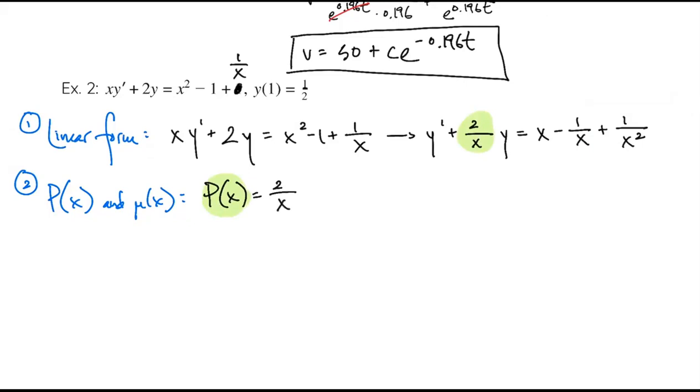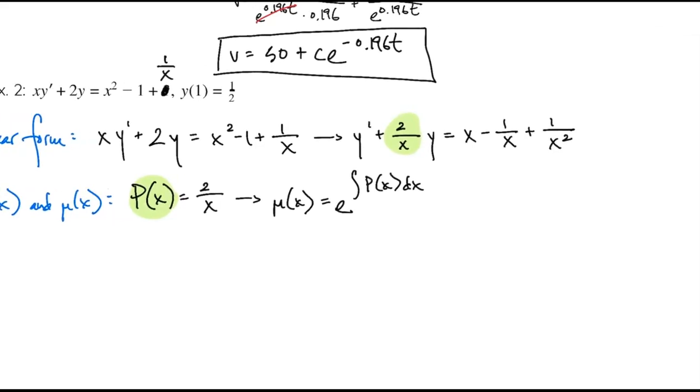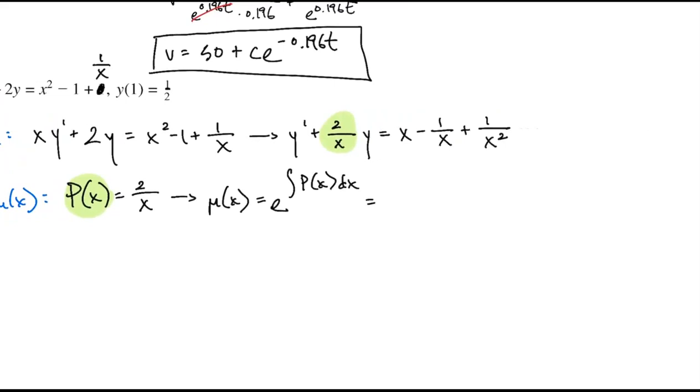Now that we've identified our p of x, we can find our mu of x. So mu of x is going to equal e to the integral of p of x dx, which gives us e to the integral of 2 over x dx, which is going to give us e to the 2 natural log of x.